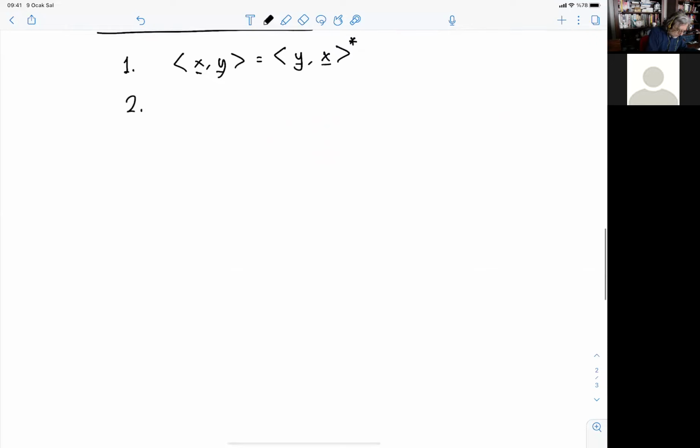And the second property is, you can make a linear combination of x and y, like this is equal to, so it's like a distributive property of the inner product operation, alpha times x and z inner product plus beta times y and z inner product.